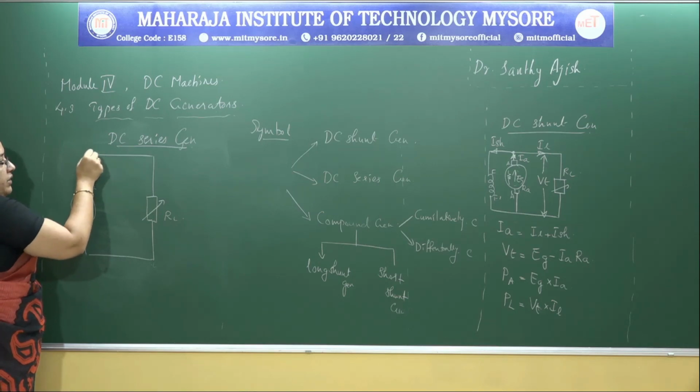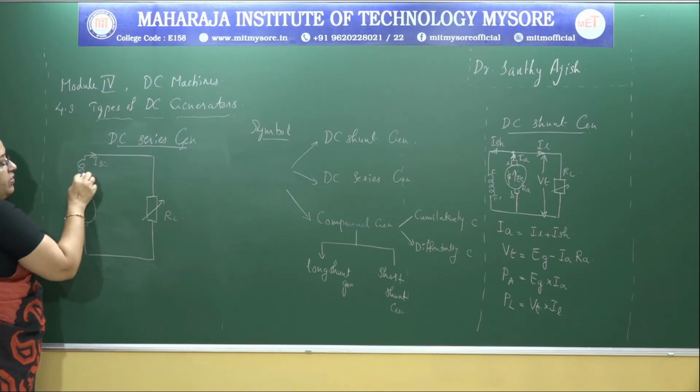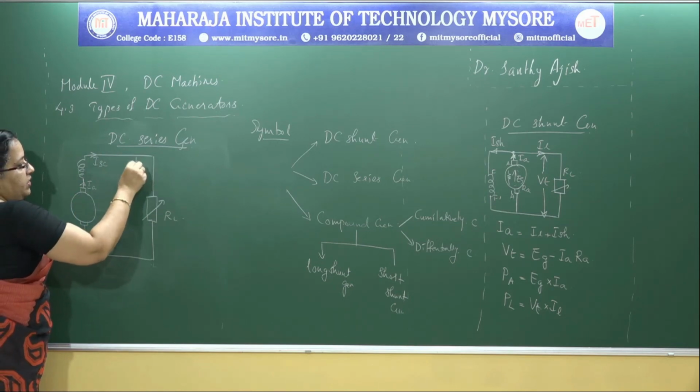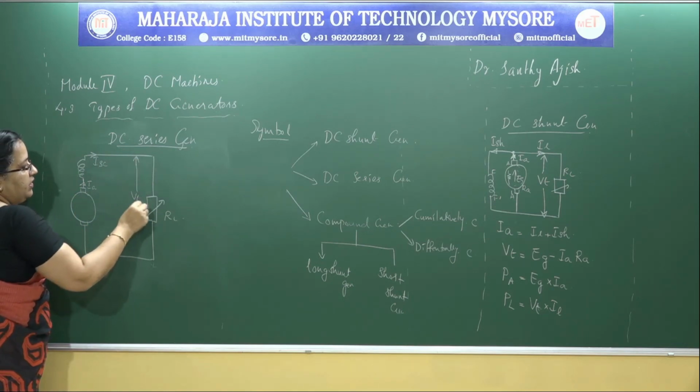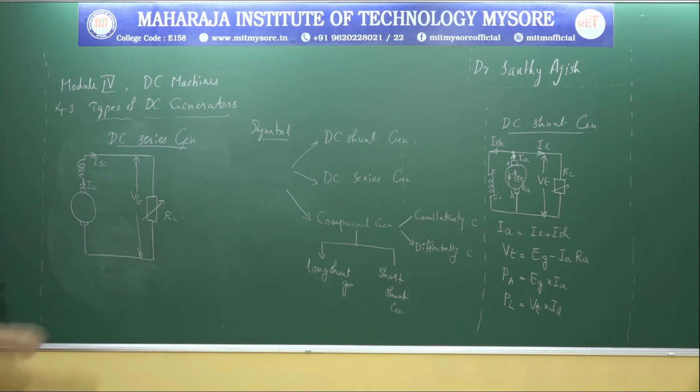So here I mark that current as ISC because it's a series field current, and this is the voltage VT which is applied across the load.